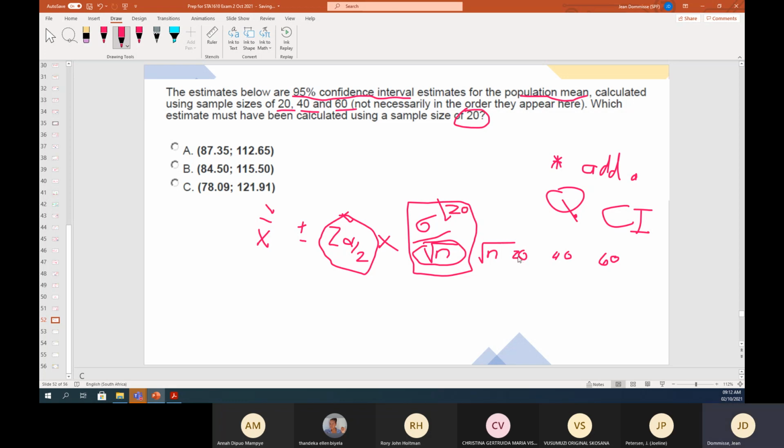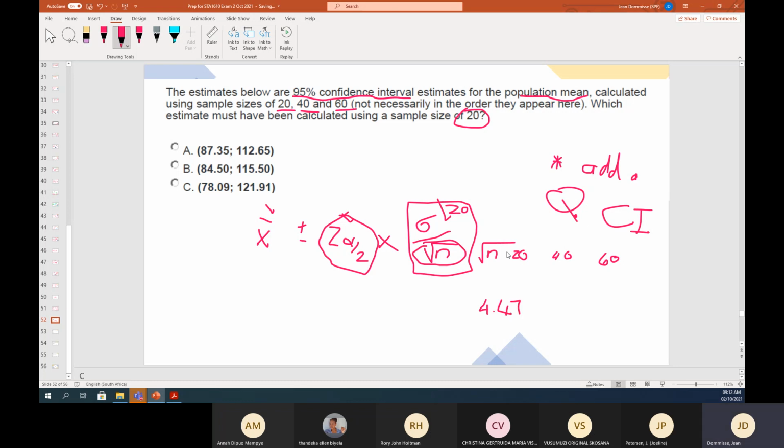If n is 20, we would say 20 divided by the square root of 20, and we get 4.47.